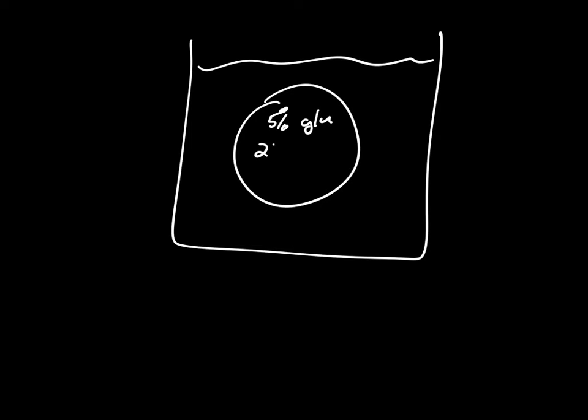And let's go ahead and take a look at this beaker. And we have a cell. We have 5% glucose here, and that's GLU. And 25% starch. And 20% glucose out here.